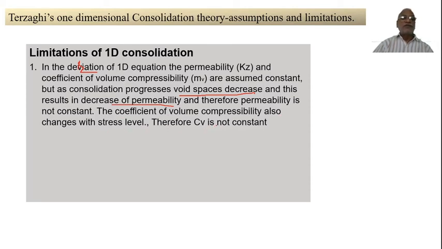So therefore Cv is not constant and Mv is also not constant. Okay, so coefficient of volume compressibility is not constant, K is not constant, and coefficient of consolidation is not constant.